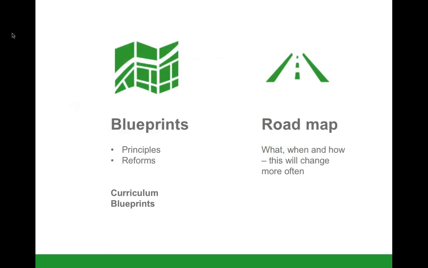These blueprints might stay in place for a longer period of time, and then your roadmaps really define your when and how. The roadmaps are the things that might change more often, and you might review them more often, but your blueprints stay in place for a longer term.